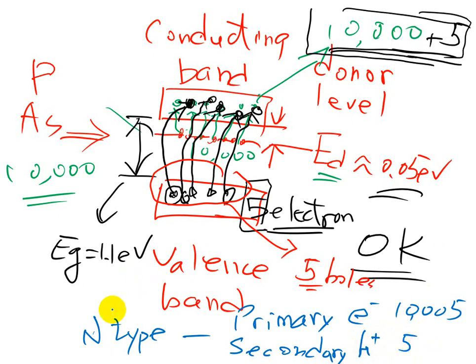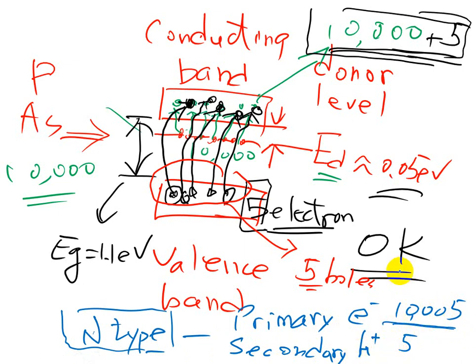See, even for N-type semiconductor, you have 2 types of charged particle. One is electron, the other one is hole. But for N-type semiconductor, the primary charge carrier is electron, 10,005, and the secondary charge particle, hole, only has a little number of 5 holes contributing to the electricity.